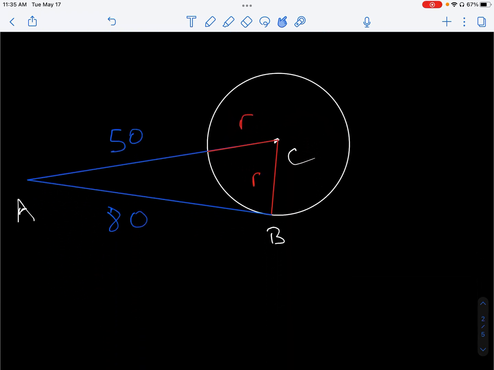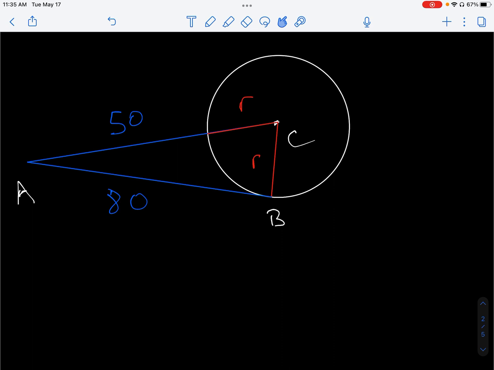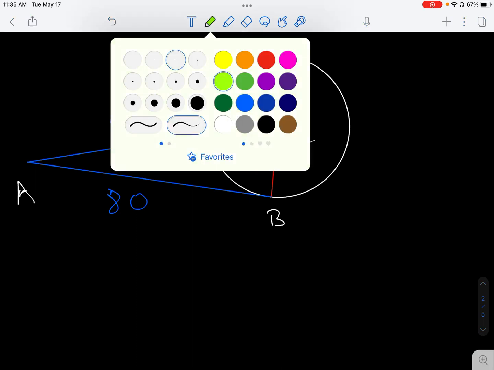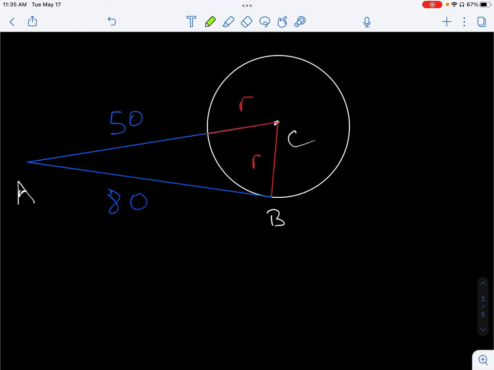Let's look and see another way we can use it. Here we can use our tangent to find the radius of the circle. Let's go to green for this one.